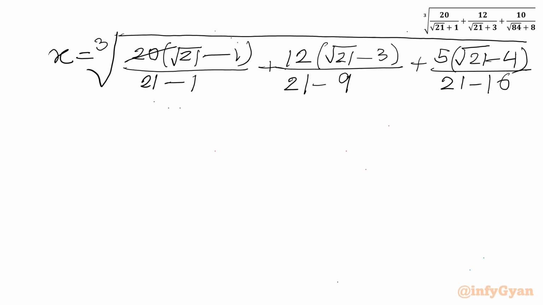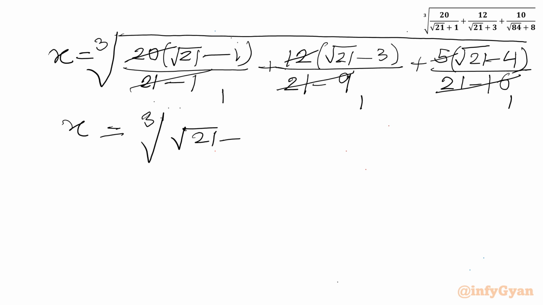Now I can cancel 20 with our denominator, 12 with 12, and 5 with 5. So we can write finally x is equal to the cube root of root 21 minus 1 plus root 21 minus 3 plus root 21 minus 4.